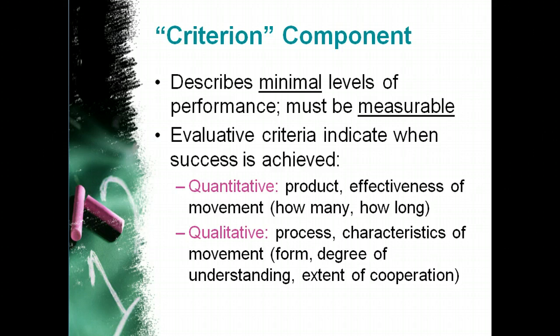It could also be a qualitative type of criterion when you're looking at the process or the characteristics of the movement. It might be the degree of understanding, the extent of cooperation, or consistent movement. Those are all qualitative criteria.